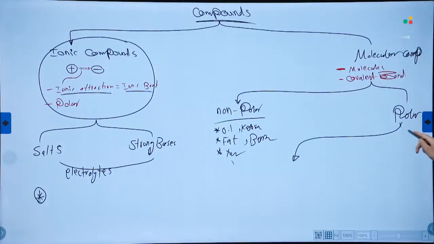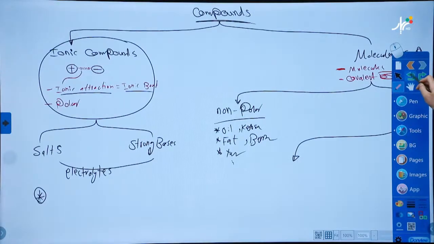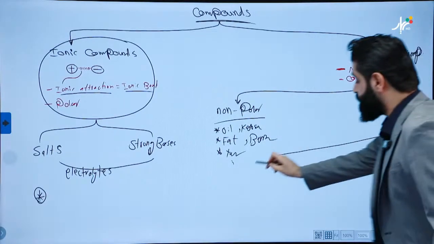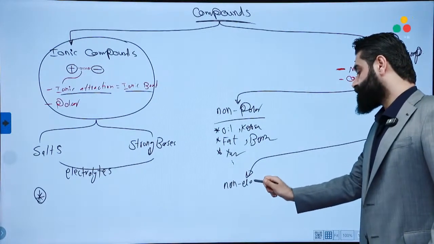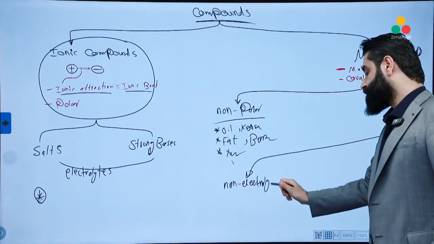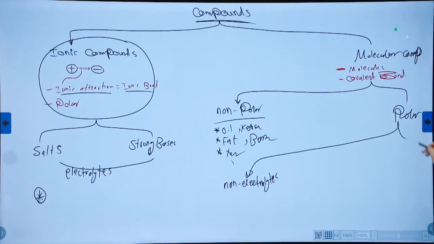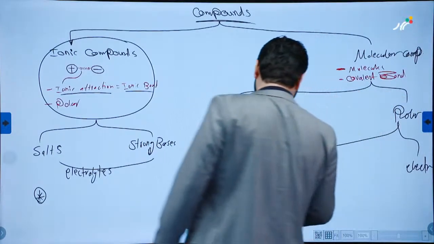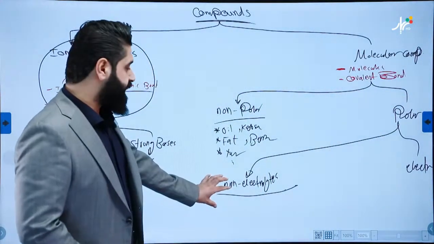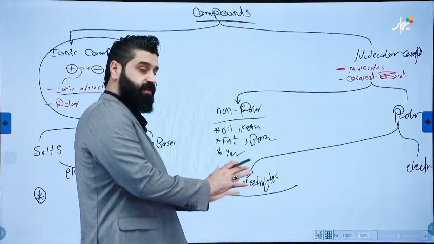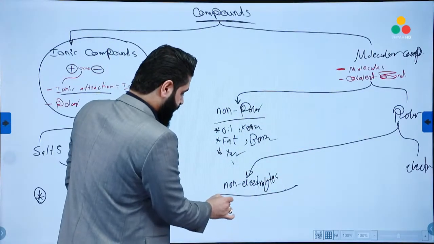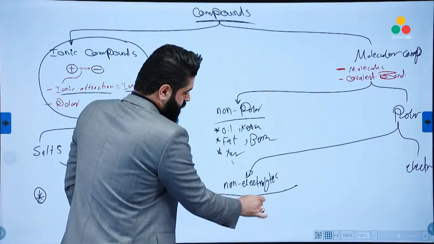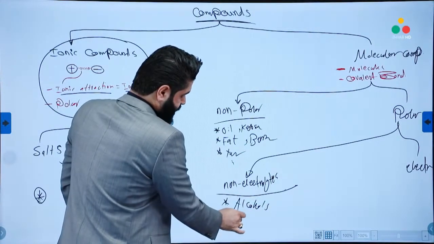Well, about the polars, there's a further classification. Polars are classified into non-electrolytes and electrolytes. There are two main classes of non-electrolyte molecular compounds that are polar, which are alcohols and sugars.